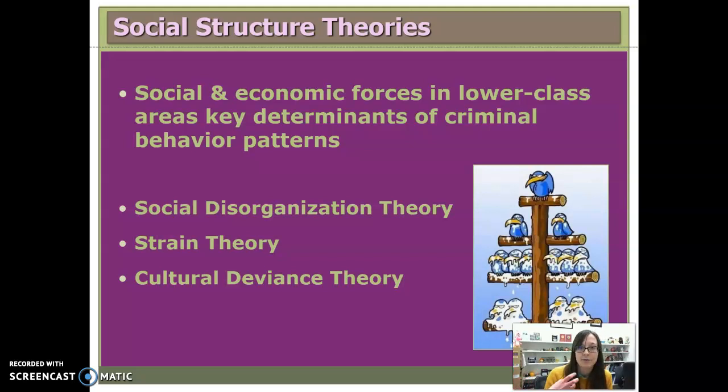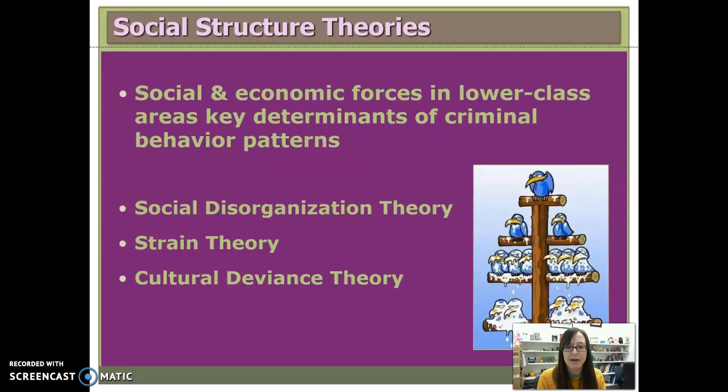Strain theory sees crime as a function of conflict between people's goals and their ability to legally obtain those goals. And cultural deviance theory is about how, because of strain and social isolation, you have this unique lower class culture that develops with values that are at odds with conventional society. So those are the three main social structure theories in a nutshell.